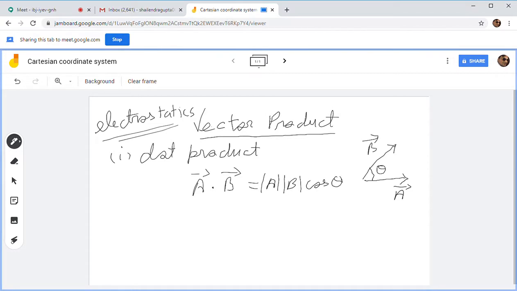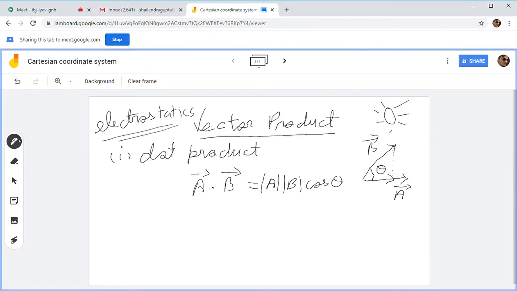What does this mean? This means that if you put a sun here, and the shadow of vector B on this vector A, what will it be?